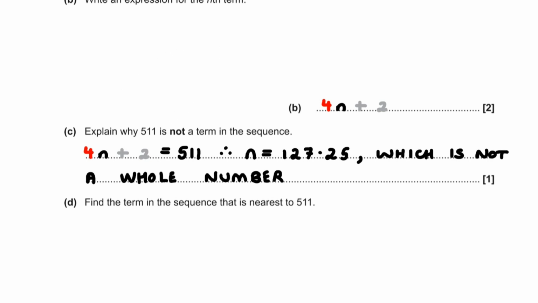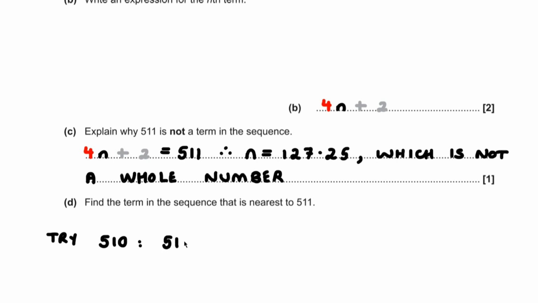Now we have to find the term in the sequence that is nearest to 511. So what we need to do here is try to find a value of n. So 511 clearly doesn't work. What we need essentially is an even number. So what we'll do here is we will try 510.